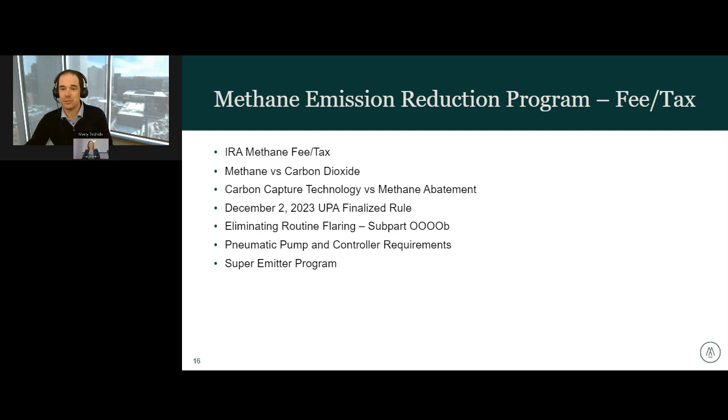Previously, it was thought that they could go on site and monitor on site, but we've had additional guidance that these third parties could only do it remotely. So we're going to see a lot of drone usage and camera usage to monitor emissions. Further, these third parties cannot directly go to the emitters. They have to function through the EPA itself, and they all have to be approved and licensed through the EPA.